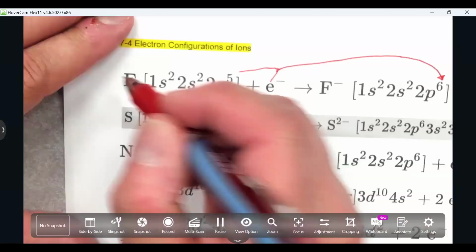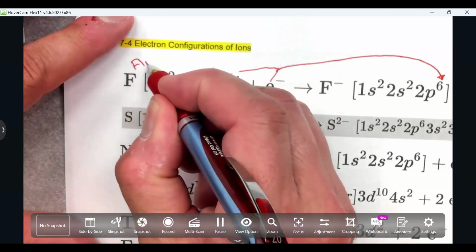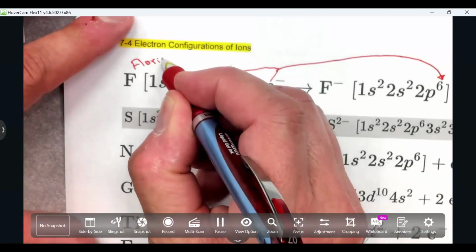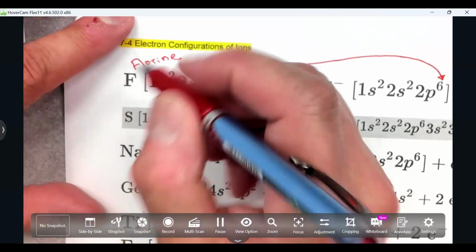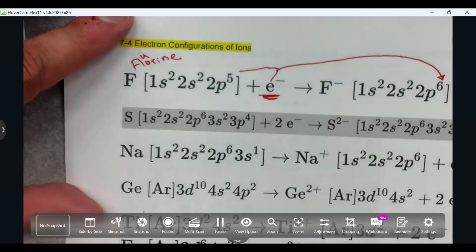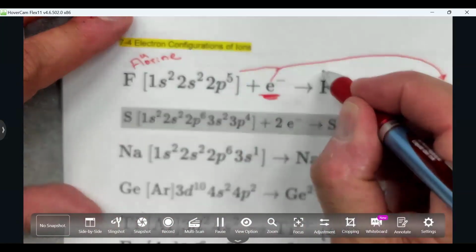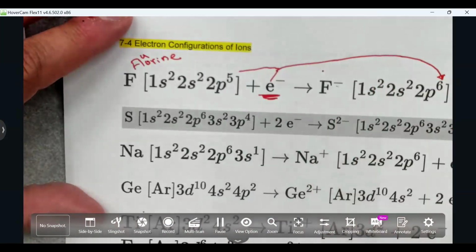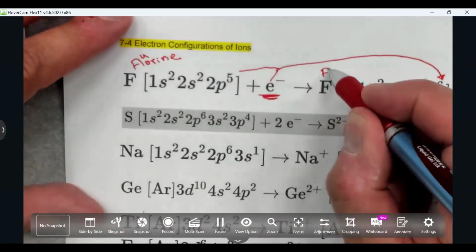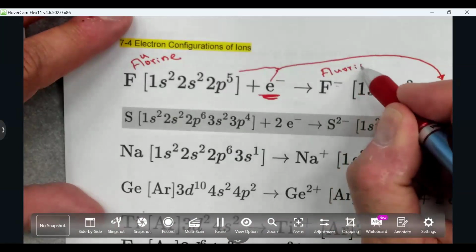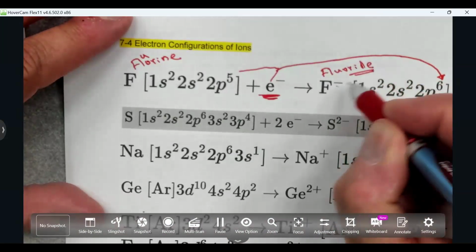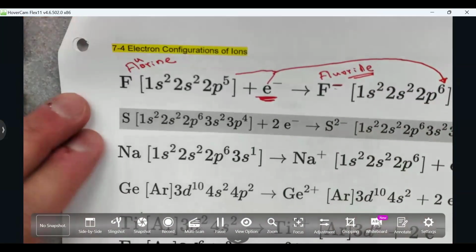This is fluorine. This is fluoride, right? Negative charge. Fluorine, fluoride. Ion. Okay.